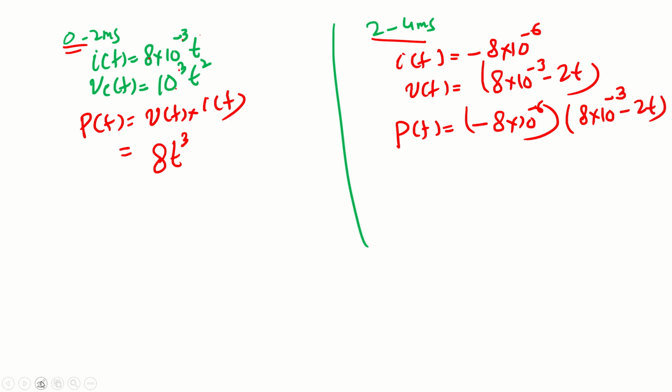Power is voltage multiplied with current, so minus 8 times 10 power minus 6 times 8 times 10 power minus 3 minus 2t. Simplifying, minus 8 times 8 is minus 64 times 10 power minus 9, then minus minus plus, 8 times 2 is 16 times 10 power minus 6 times t. That could be the answer for this case.